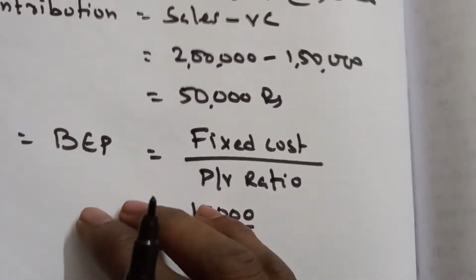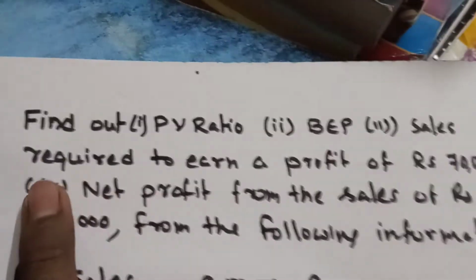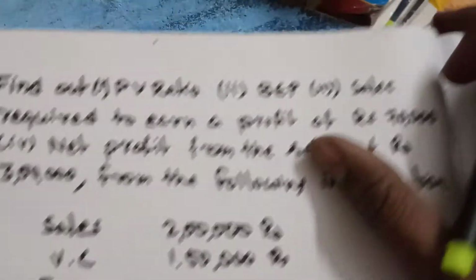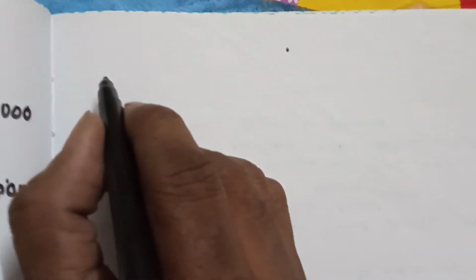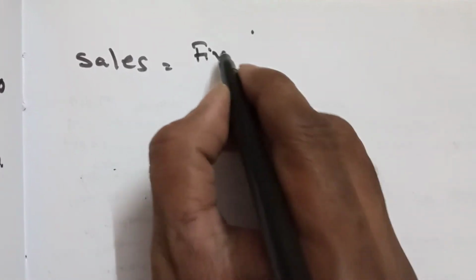Okay guys, next we come to the next topic, that is sales required to earn a profit of rupees 70,000. The formula: sales is equal to fixed cost plus desired profit, that is how much profit we need, divided by PV ratio.